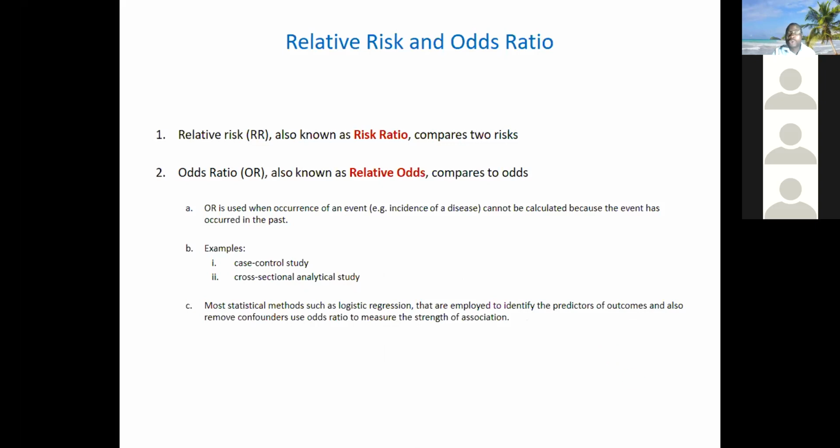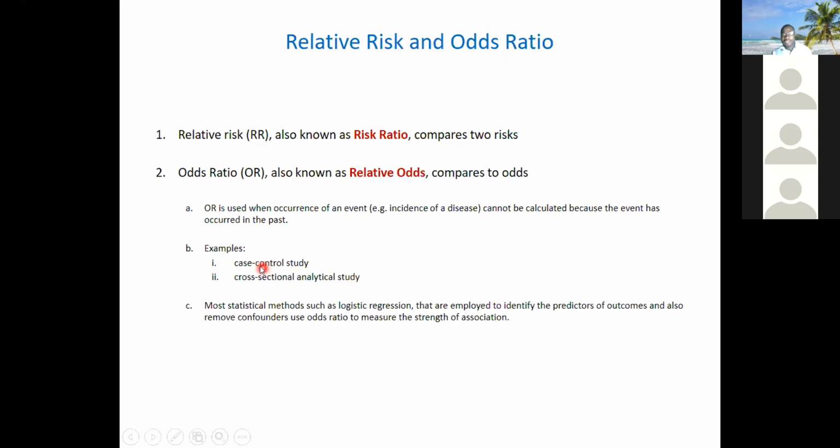When you calculate probability, you can calculate the odds, but if the thing has happened, you calculate odds also. Most of the time, you use odds when the event has happened.